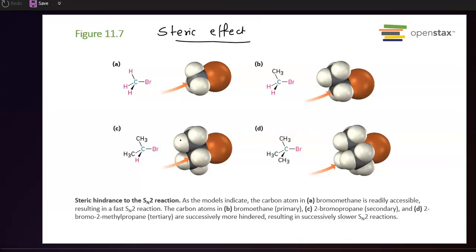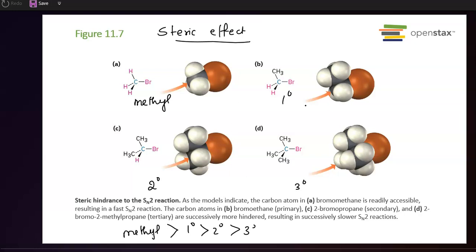Here we have a methyl alkyl halide, a primary alkyl halide, a secondary alkyl halide, and a tertiary alkyl halide. It is seen that the reaction is fastest with methyl, then primary, then secondary, and then tertiary.